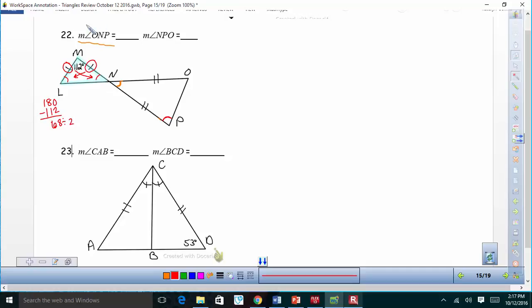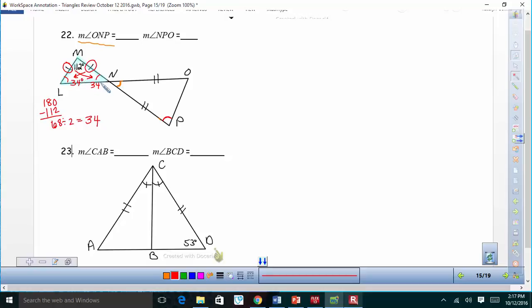So I have to split it into these two angles, and since they're equal, I can split it by 2 so that they're equal. And when I divide that, I get 34. So this would be 34 degrees, and this one would be 34 degrees.